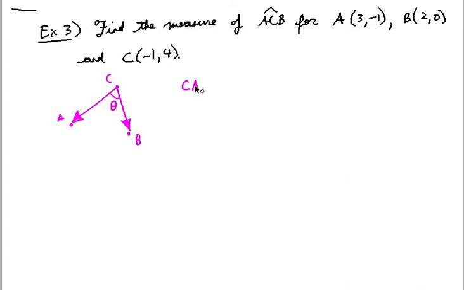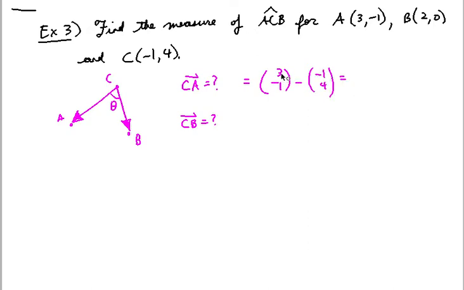What would CA be? Okay, so we might have to do a little bit of review here. What is CA and CB? That's really what I'm looking for, right? Well, what would CA be? CA would be the coordinates of point A minus the coordinates of point C. So the vector CA would be basically (3, -1) minus the coordinates of C, which are (-1, 4).